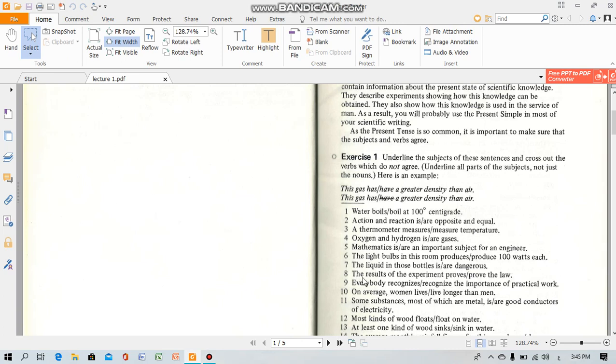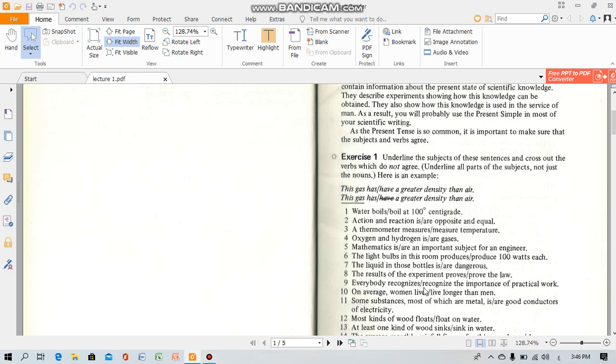Number 8. The results of the experiment proves or prove the law. Since we have here results, not result, results. The results of the experiment prove the law. Number 9. Everybody recognizes or recognize the importance of the practical work.